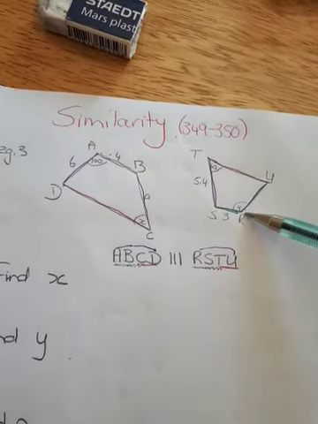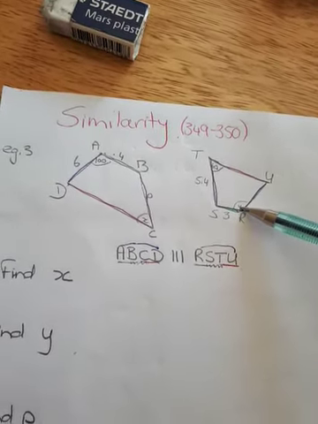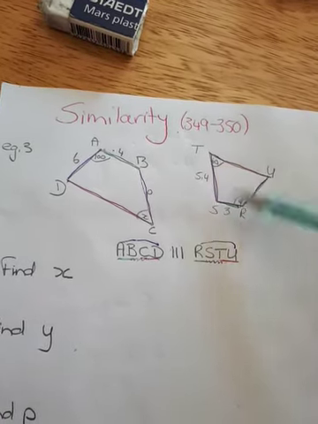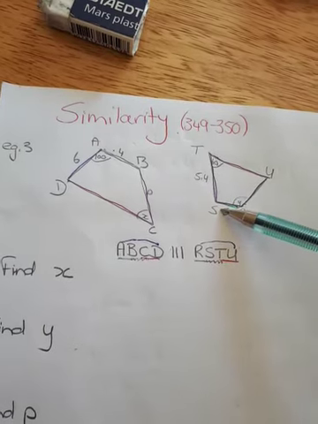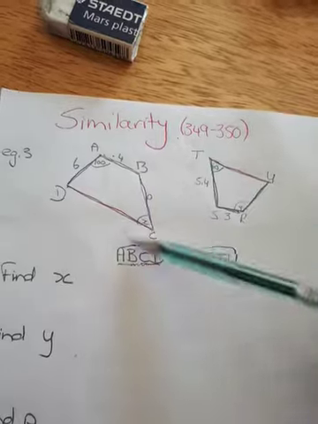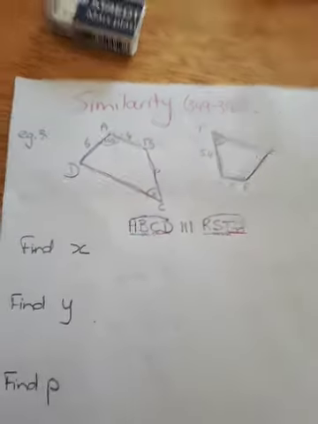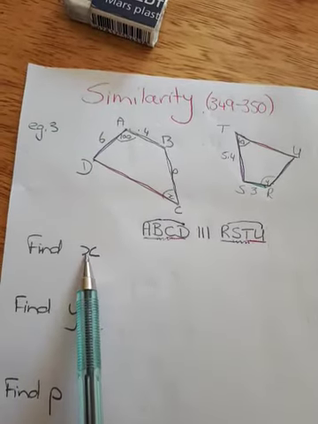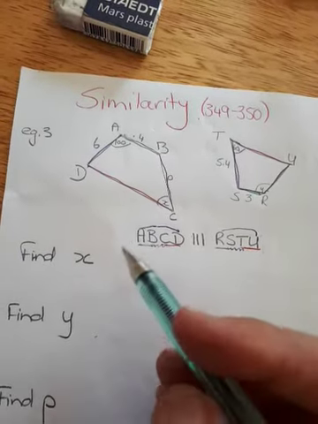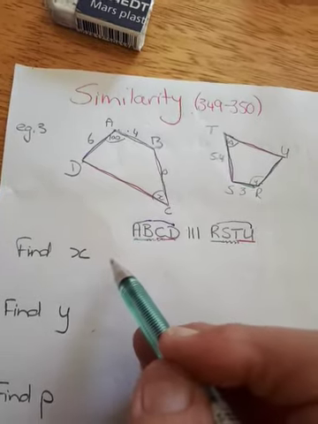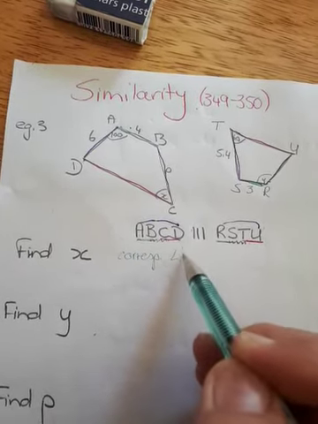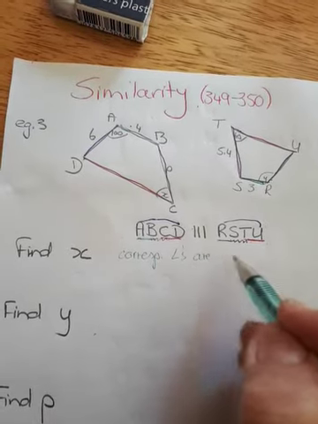And then in this one, you are given the angle Y. There you are given an angle of 60 degrees, and then the side length RS is 3 and ST is 5.4. So that is all your given information. They now ask you to find X. Okay, remember in similar figures, the angles are the same. Okay, so corresponding angles are equal.